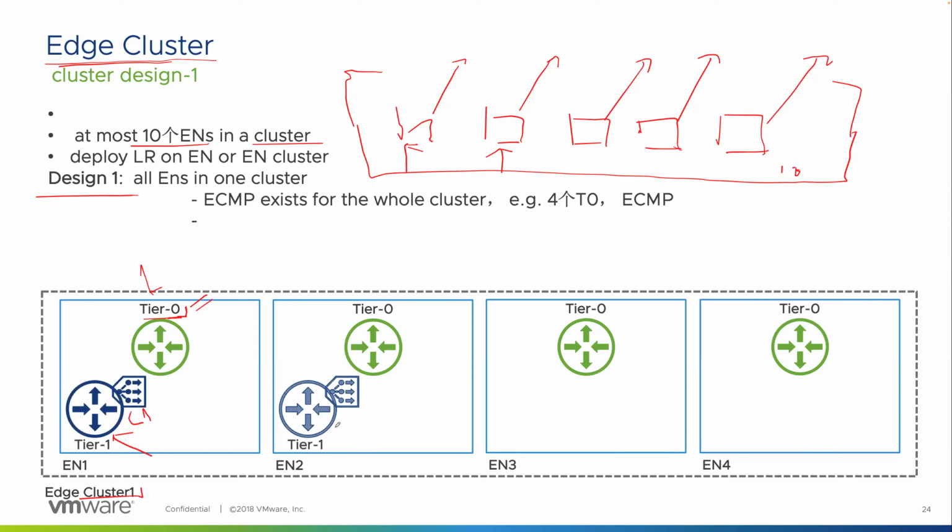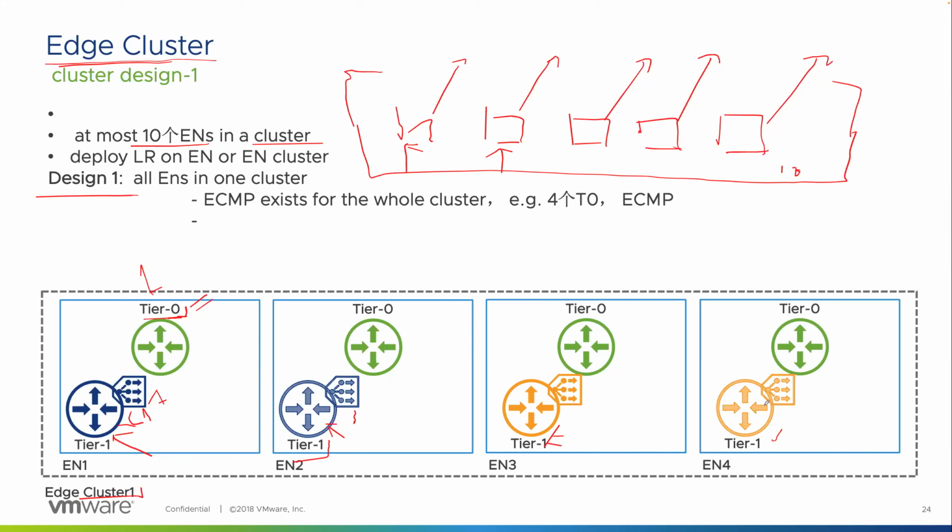Please note that just tier 1, this is an active tier 1 function. This one, a little bit grayed out, is the standby function, standby tier 1 router. So tier 1 is another pair; one is active, and one is standby.